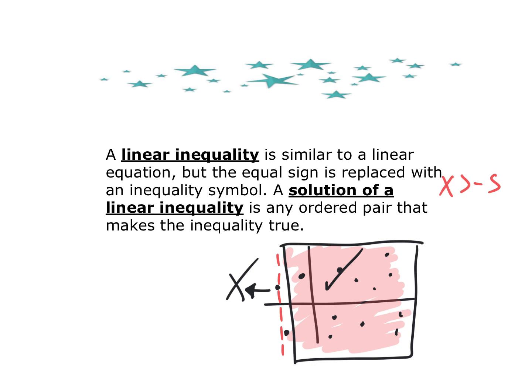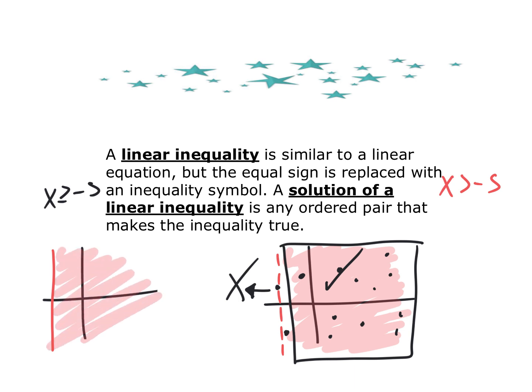We're going to do more examples. It's going to make a little more sense as we move on, but I want you guys to get the grasp on it. If we had x is greater than or equal to -5, for example, we're going to have a straight solid line. So when we graph this, all of these points, just like before, are solutions, including the one at -5, because of this equal sign at the bottom.